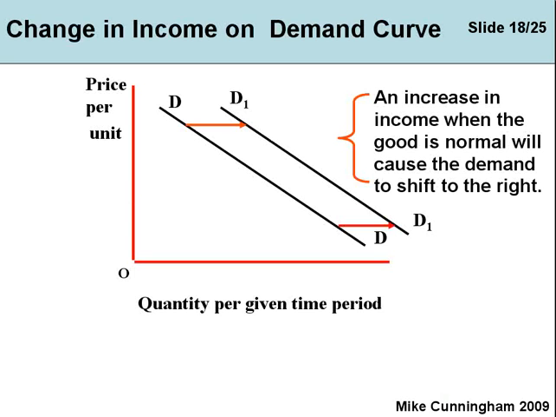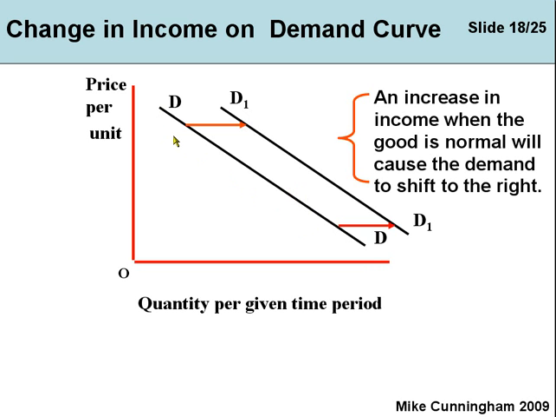Now, an increase in income when the good is normal will cause the demand curve to shift to the right. Back to our traditional demand curve. Let's say we have our demand curve here, which is DD.